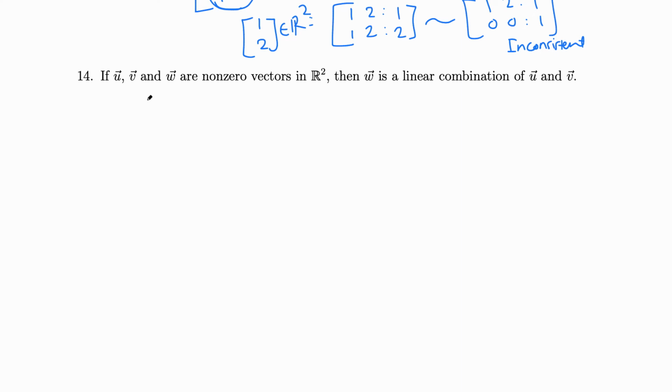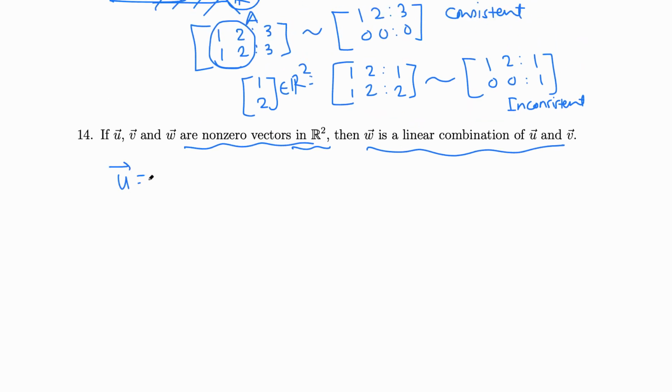So here is: u, v, and w are non-zero vectors in R2. Then w is a linear combination of u and v. That's not true, because u and v could be linearly dependent, exactly like this. Look, if we take u as 1 1 and v as 2 2 and w, I can just take 1 2.